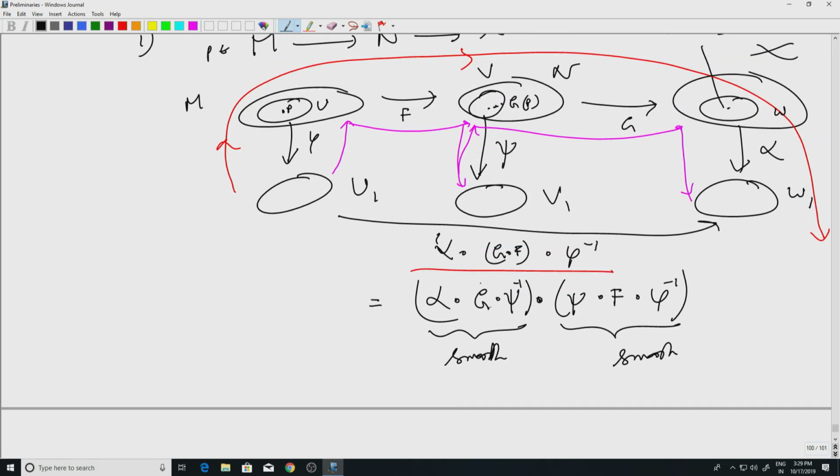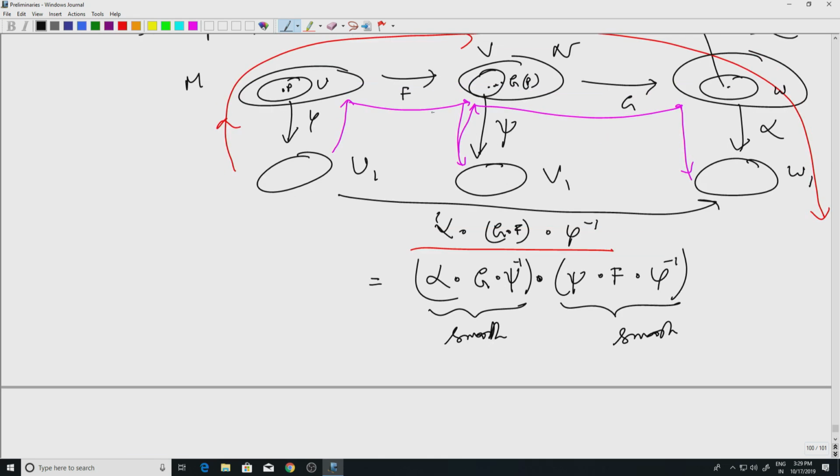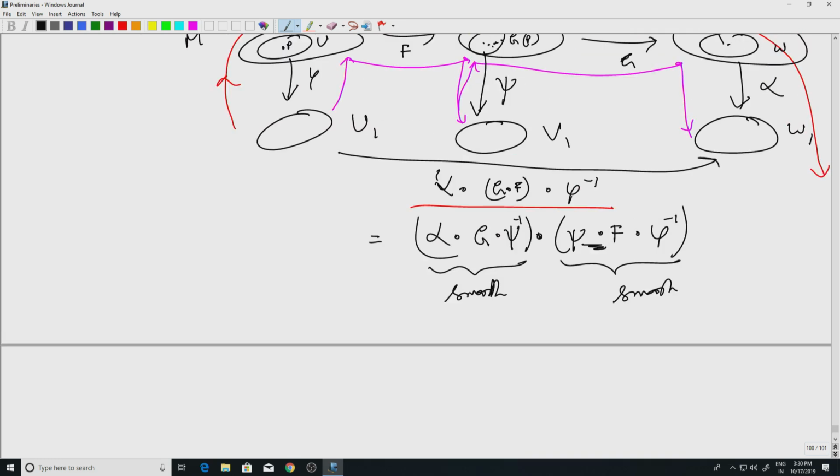Now, the only thing which remains to be done is that one has to ensure, as usual, that when I want to do this C of F, F is going to take this open set somewhere inside N. But in order to do this composition here, I need to ensure that these charts are chosen so that F of U is contained in V. Similarly, in the next stage, G of V is contained in W. That can be done just by continuity considerations.